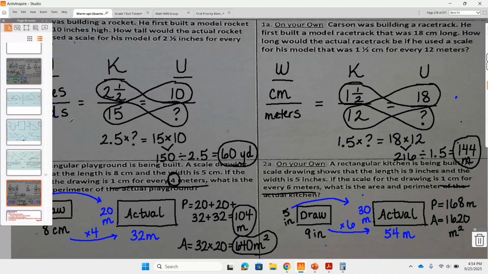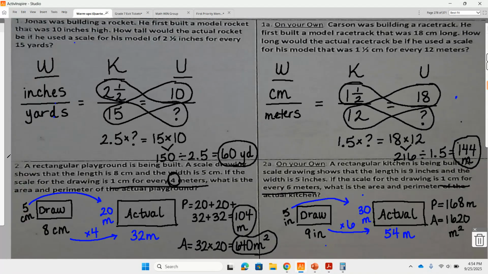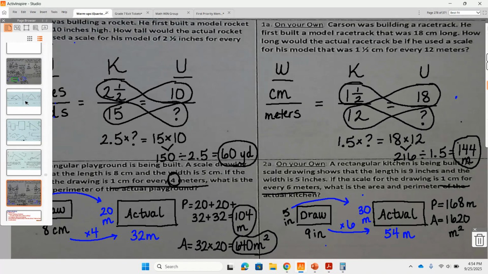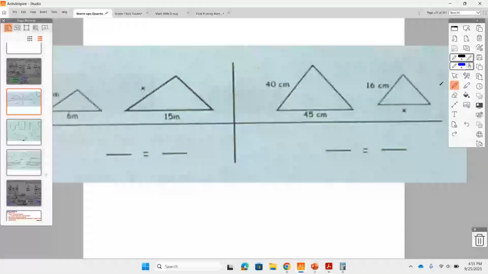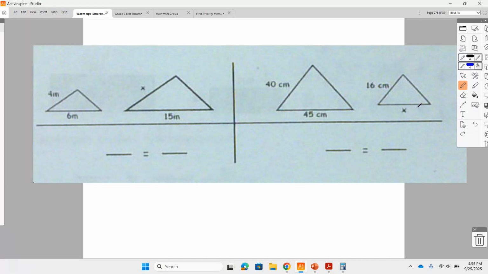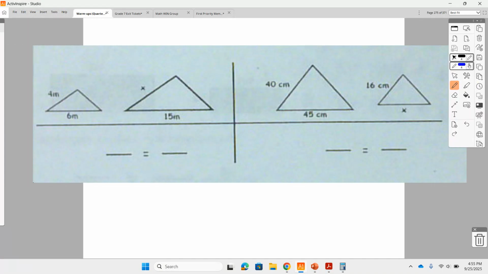Okay, let's move to some geometric shapes for the next part. So at the bottom of your page are 2 triangles. Whenever we're doing scale drawings and scale factor, a lot of times they like to use shapes, and that's what your work is going to be about today. But you can set up a proportion in a different way. So look at these triangles.